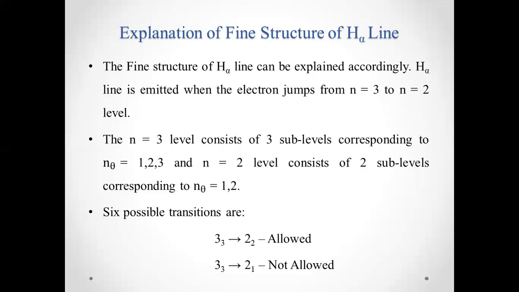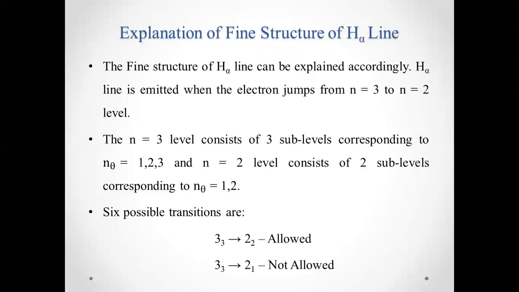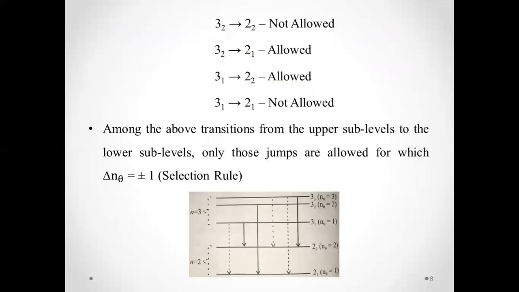The 6 possible transitions are 3 3 to 2 2, 3 3 to 2 1, 3 2 to 2 2, 3 2 to 2 1, 3 1 to 2 2, 3 1 to 2 1.